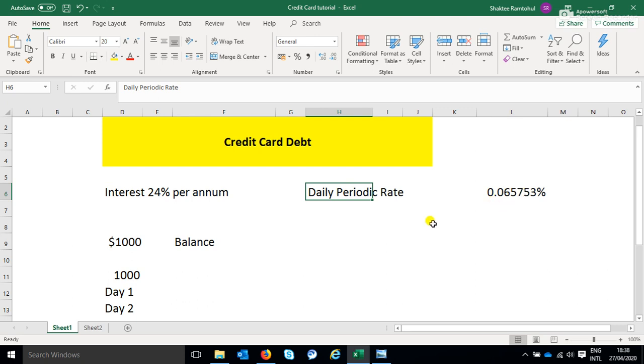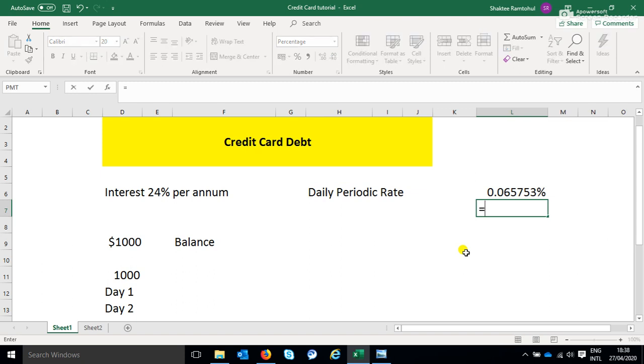Now, you might be wondering, how do we get to this rate? It's very simple algebra here. All we're doing is, let's say we take this percentage, and we multiply by 365 because there's 365 days in a year, and you see we get to 24%. So on the face of it, there seems to be nothing wrong with the information you're given.